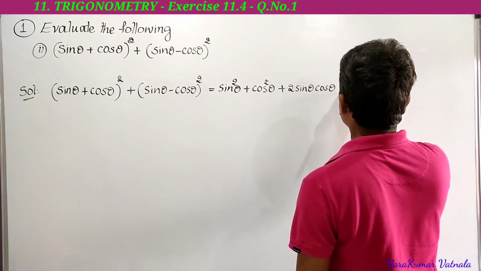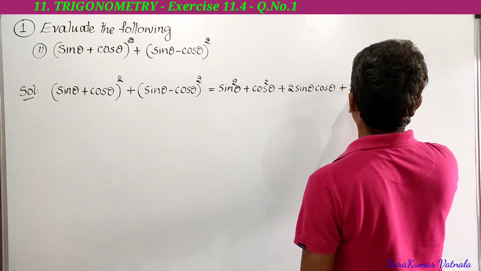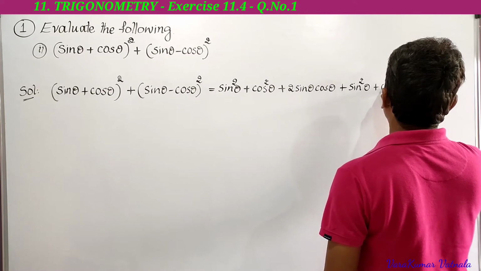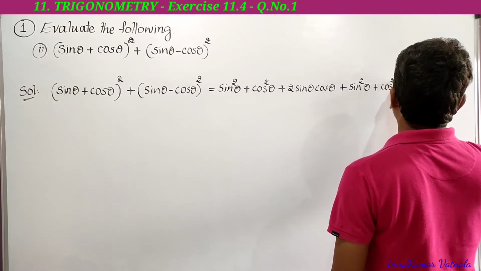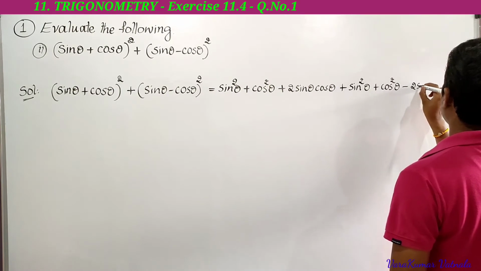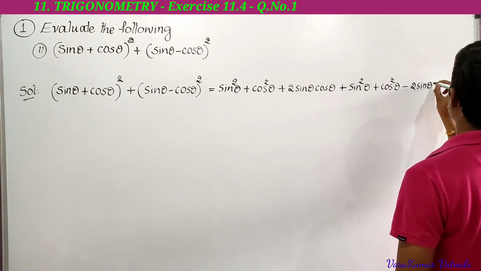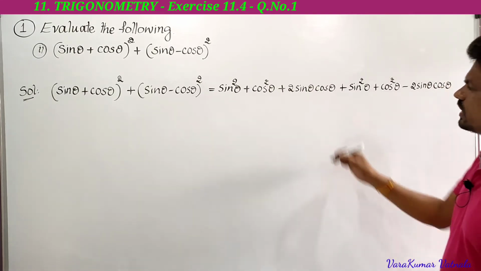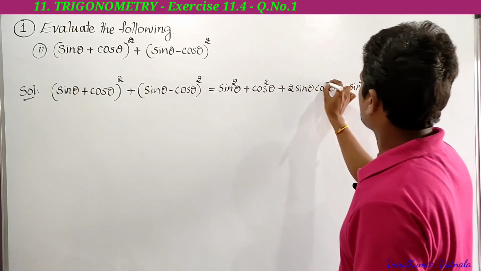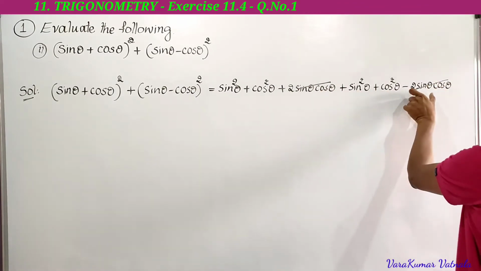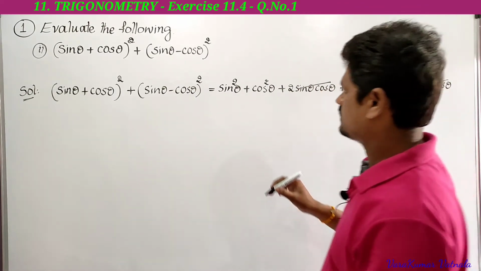So again a square is sin square theta plus b square is cos square theta minus 2ab is 2 sin theta into cos theta. So here it is plus term, it is minus term, we can get cancelled. So plus 2 sin theta cos theta, minus 2 sin theta cos theta.